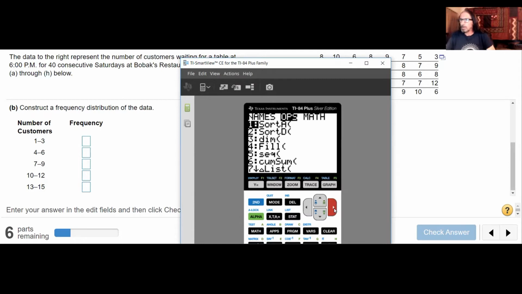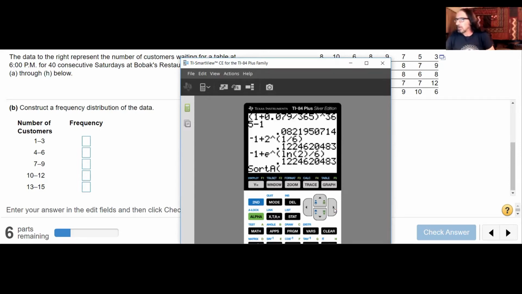One way to get to that is press second and stats, go to the ops submenu, and the very first option, sort A, is short for sort ascending. You have to tell it which list.